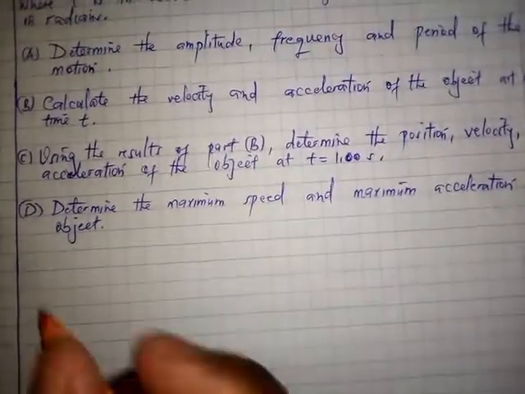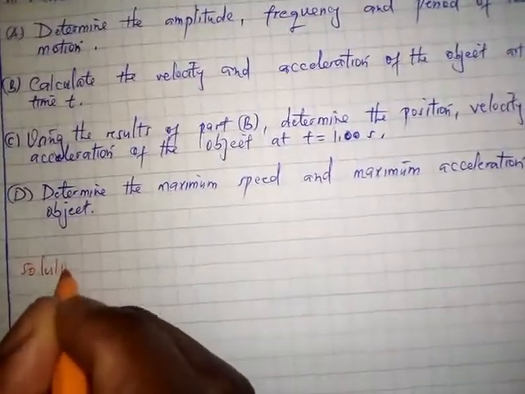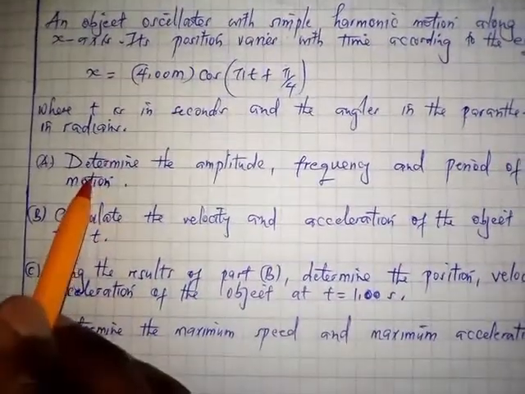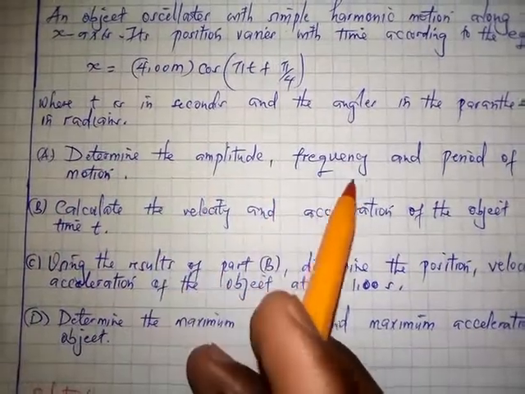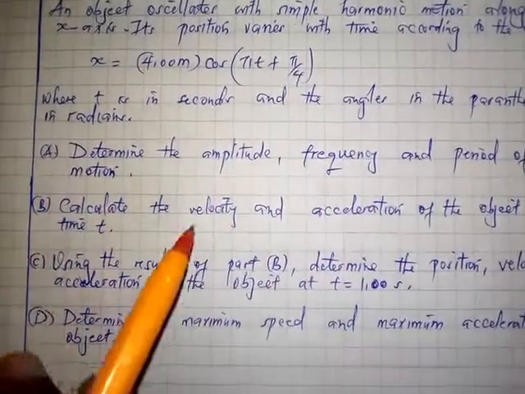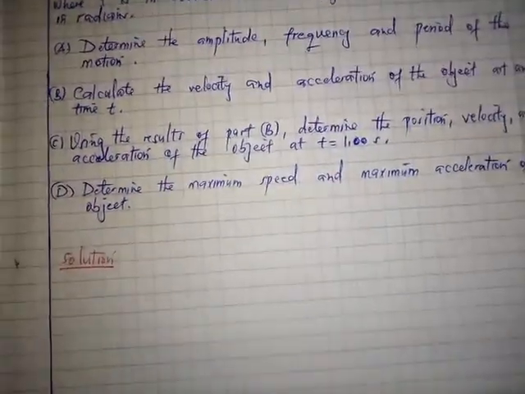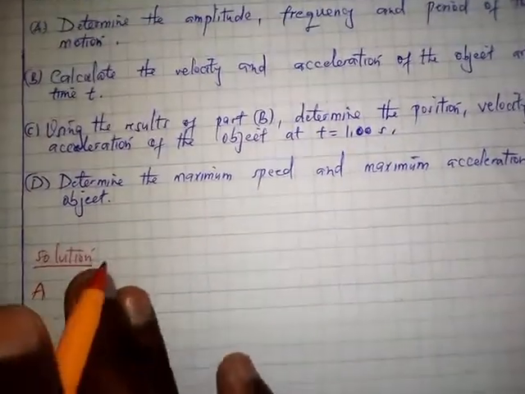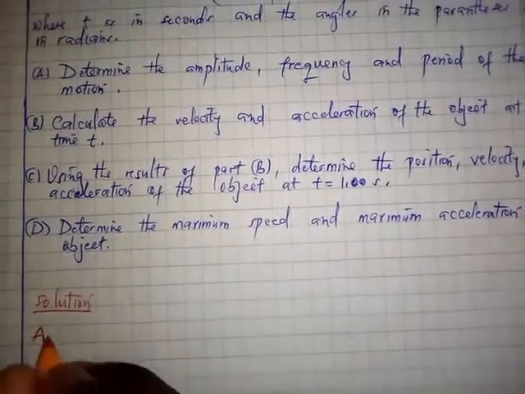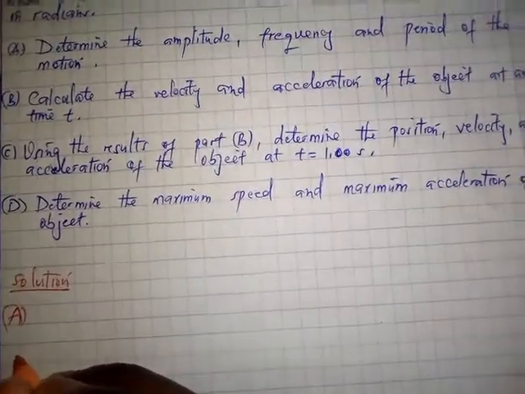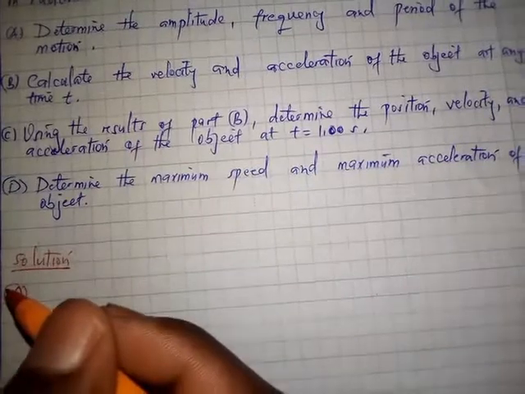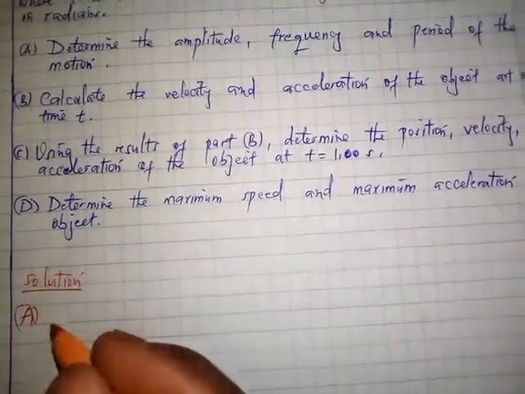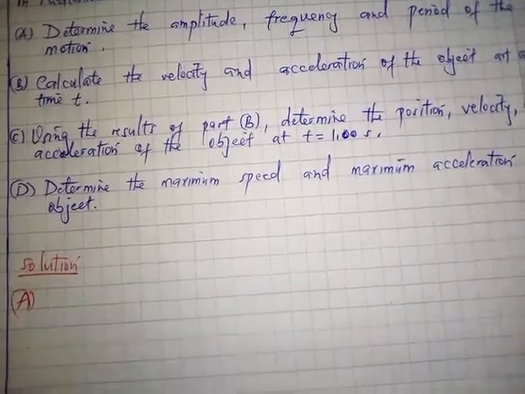Solution. We start with A, which asks us to determine the amplitude, frequency, and period of the motion. The trick for part A is just to know the general formula that relates position x and time for an object that oscillates with simple harmonic motion.